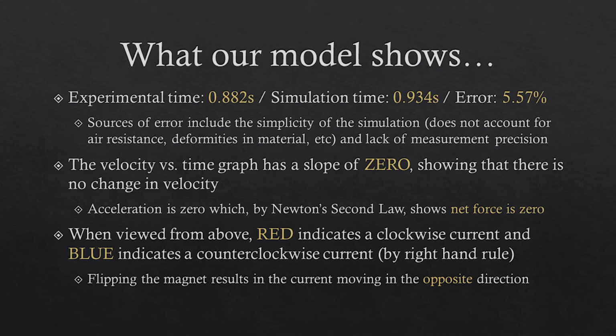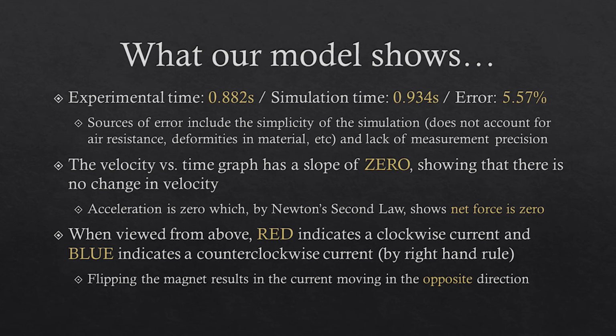Using the right-hand rule, we can find that the red indicates a clockwise current induced on the tube, and blue indicates a counterclockwise current. One thing that we tried is flipping the magnet, and it results in basically the same motion of the magnet, however, it changes the direction of the current. So instead of moving clockwise in our simulation, it moves counterclockwise.